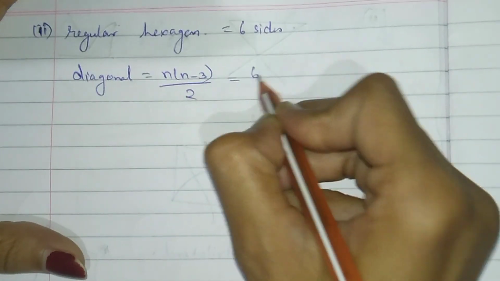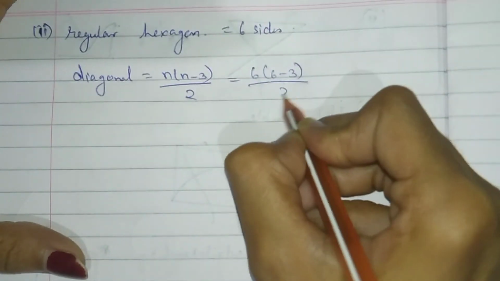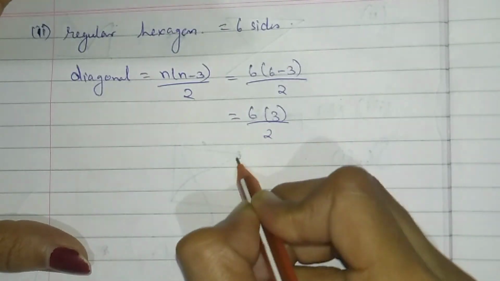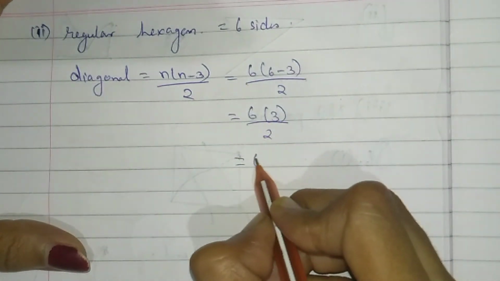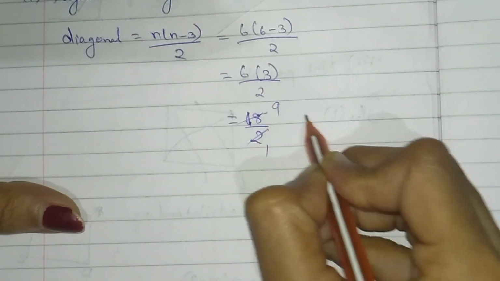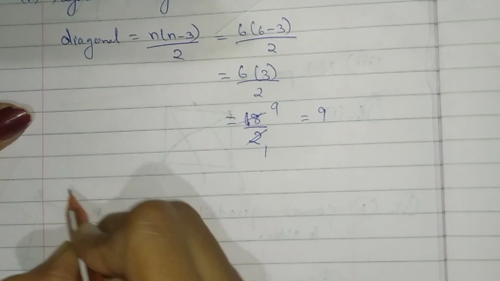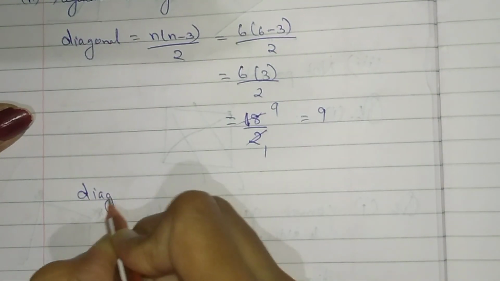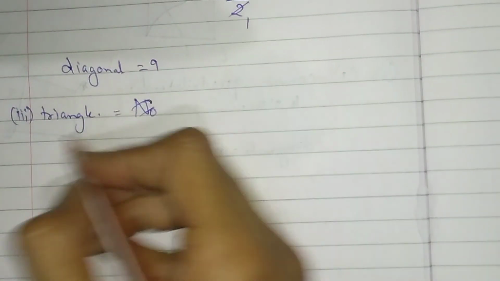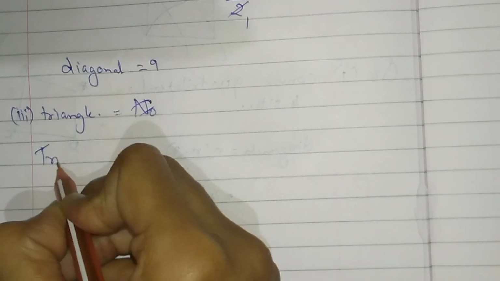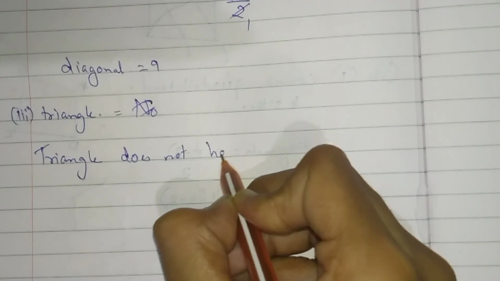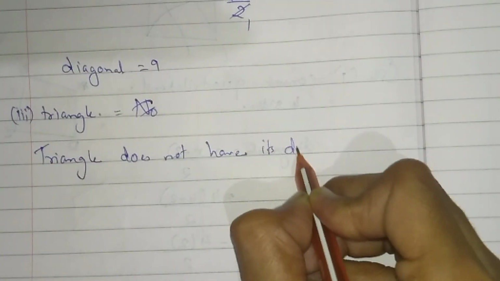So 6 times (6 minus 3) upon 2. 6 minus 3 is 3, 6 into 3 is 18 upon 2, so 9. So there are 9 diagonals in a regular hexagon. What can we write in question 3? A triangle does not have a diagonal.